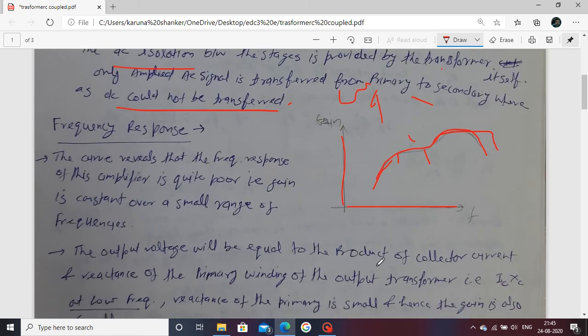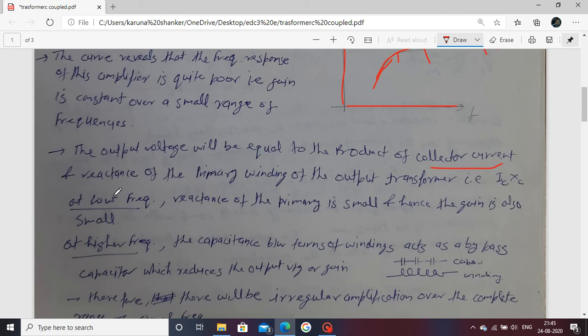Output voltage equals the product of collector current and reactance. The collector current is connected through the primary, which is why the reactance value is used, and the current flowing is the collector current IC. At low frequency, the primary reactance is small, and hence the gain is also small. Meaning the reactance value at low frequency is very small.